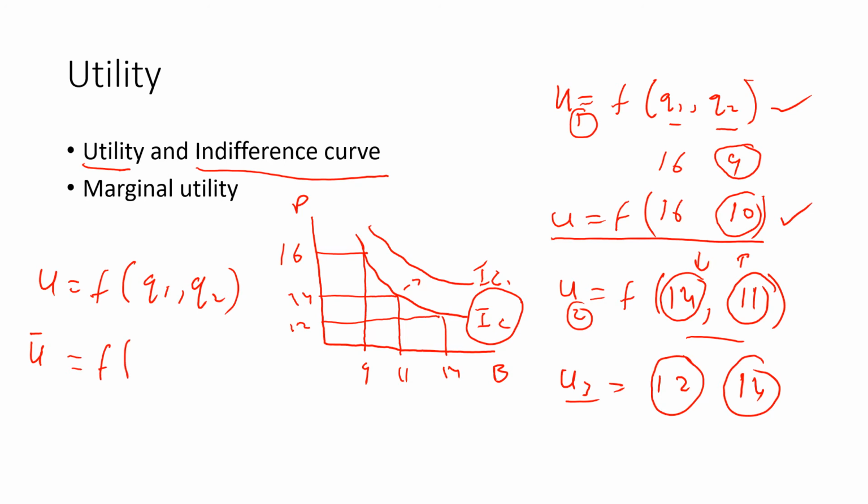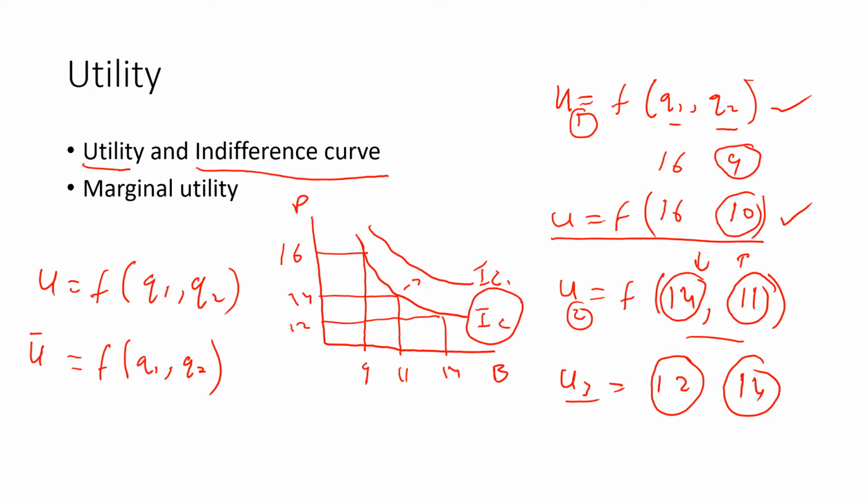The bar above u means that the utility will not change, whereas the quantities within this function can change. So this expression determines all those bundles of q1 and q2 that give an individual a constant utility.